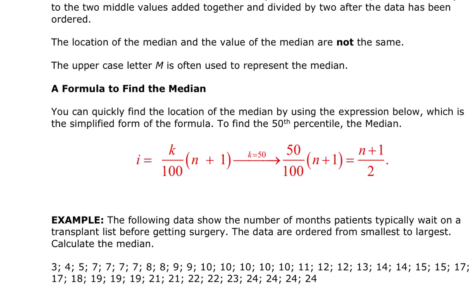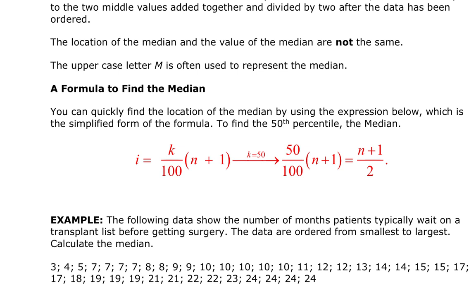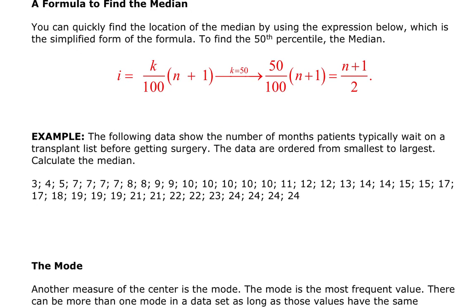And we know from finding the median previously that we take the number of data pieces that we have, add one to it, and divide by 2, which is basically what this is doing, number of data pieces plus 1 divided by 2, tells me the location. So I'm using the same data, and to find the median, in this case, it is 13.